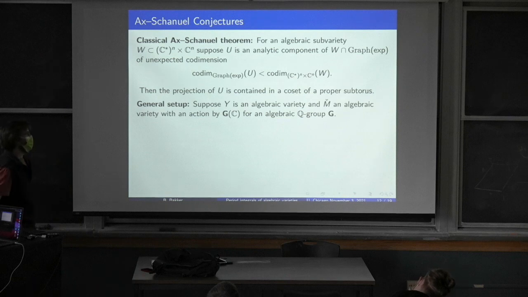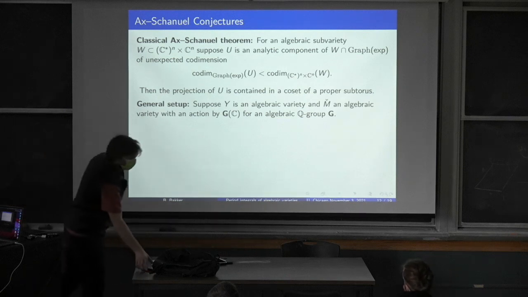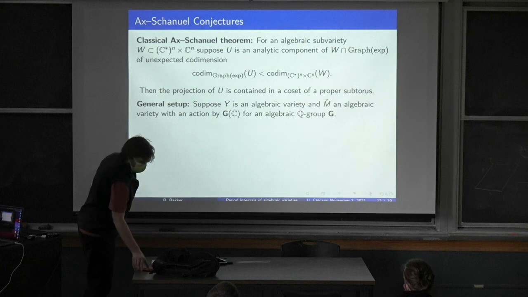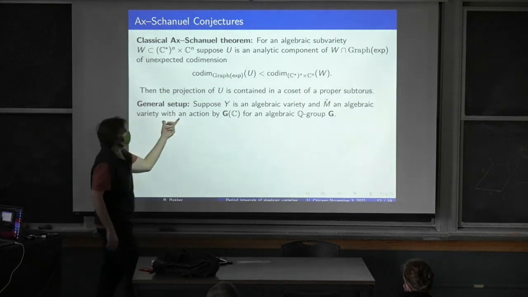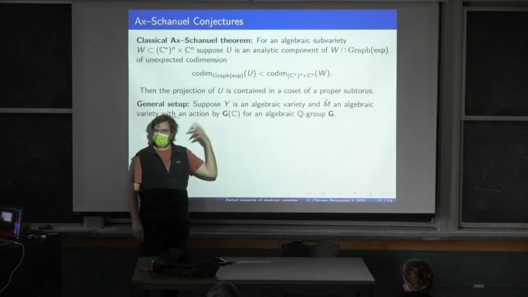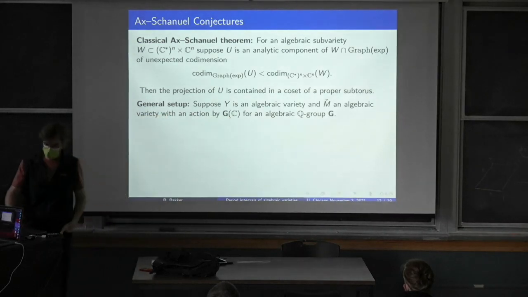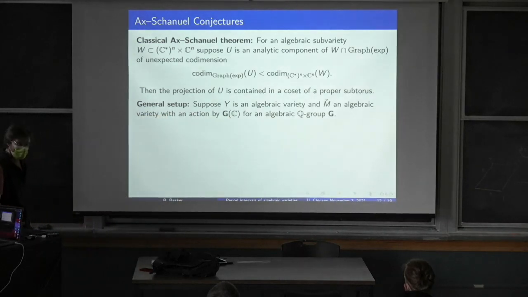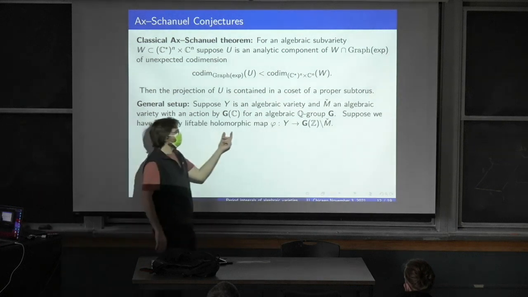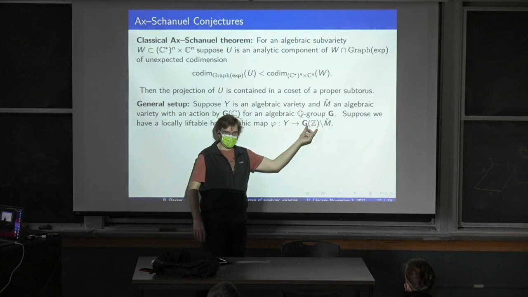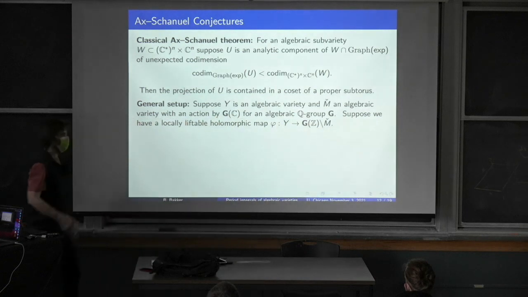Okay, so here's now a general setup in which we can ask these sorts of questions. Let Y be an algebraic variety, and let M check be some algebraic variety with the action of some algebraic group. I'm going to be a little vague about this for the moment, but you'll see in context what we want here. We want to think about locally liftable holomorphic maps to the quotient. Okay, so that's a lot of nonsense words.